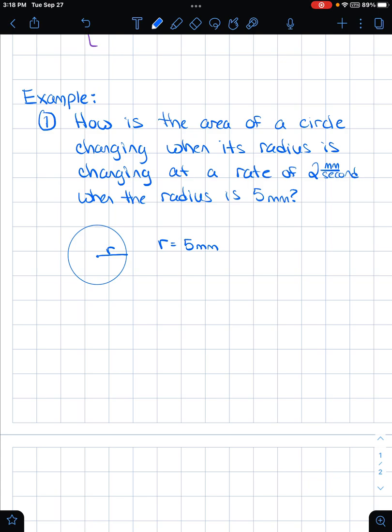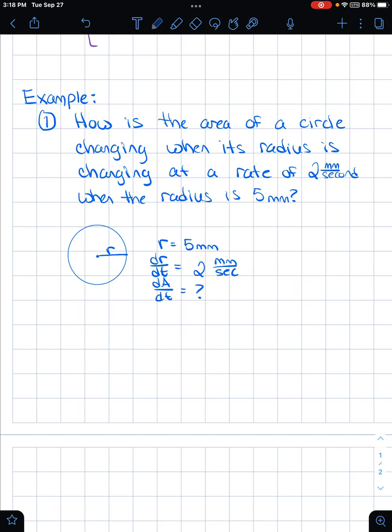Notice that it's millimeters per second. I hope you were thinking dr dt, changing radius as time is changing. So where the radius is changing at 2 millimeters for every second that goes by. So the radius is getting larger. The question said, how is the area of a circle changing? So what we're looking for is how the area is changing.